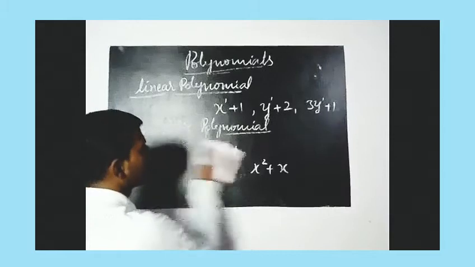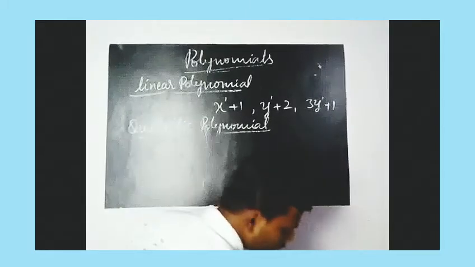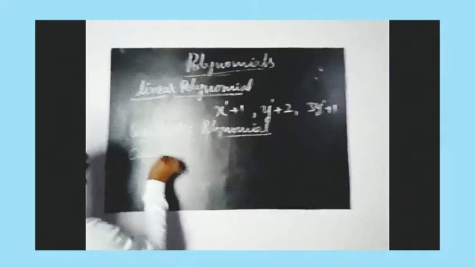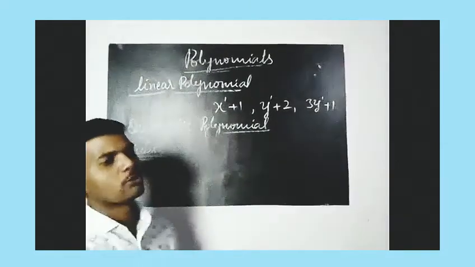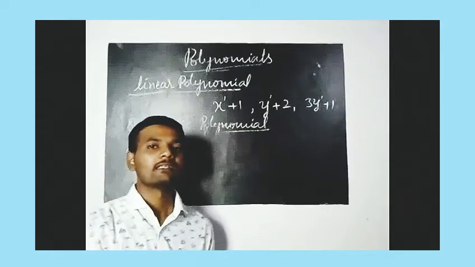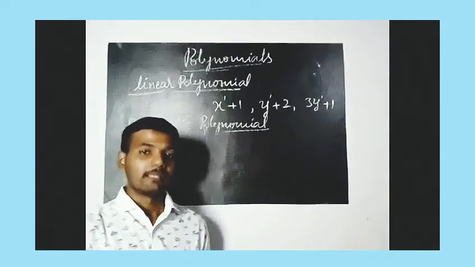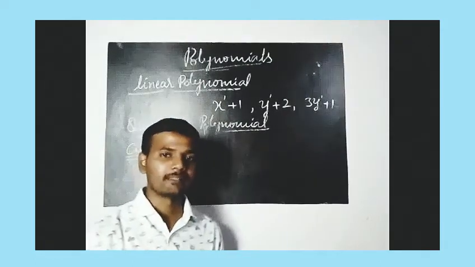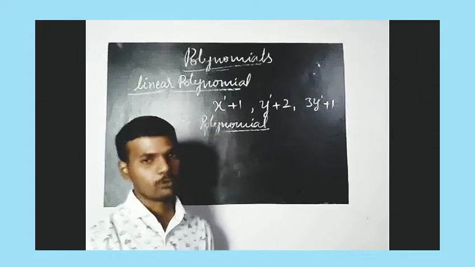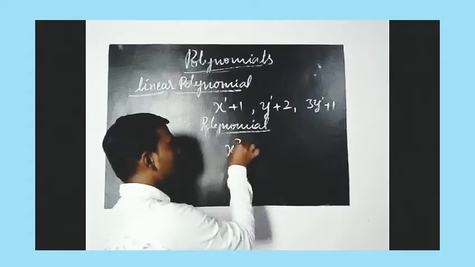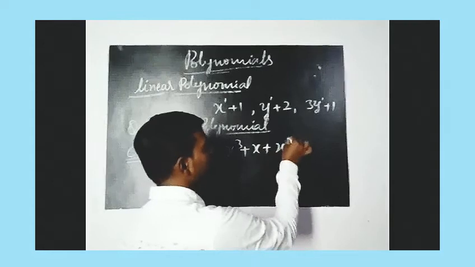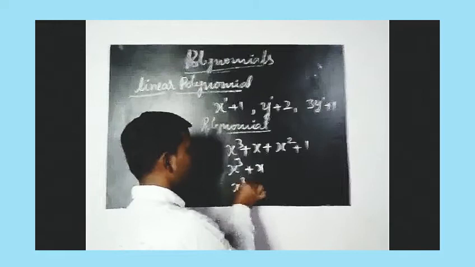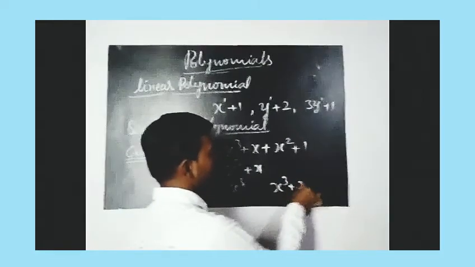And next, I want to discuss cubic polynomial. Cubic polynomial means the degree of the polynomial is 3. If the polynomial has degree 3, then we say that it is a cubic polynomial. Examples: x cube plus x square plus 1, x cube plus x plus 1.